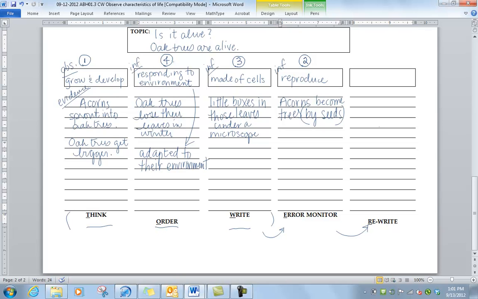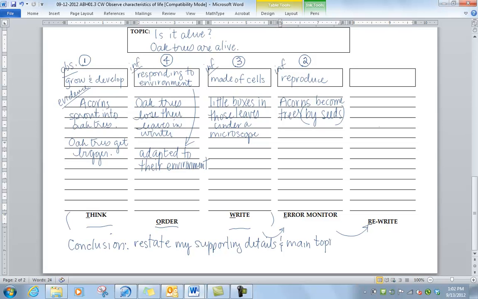The final thing I need to think about in ordering is a conclusion. So I'm going to put a conclusion sentence in my paragraph. And I'm just really going to restate my supporting details and my main topic.